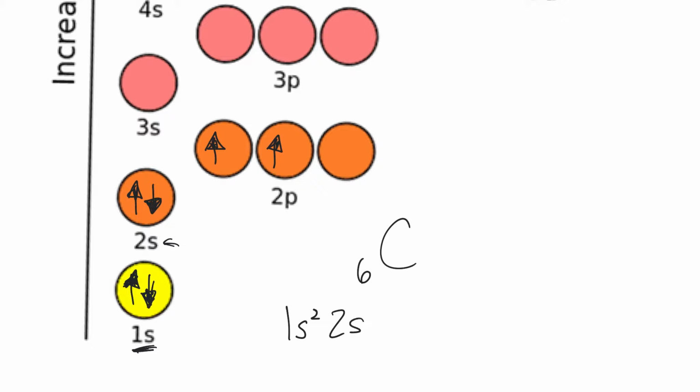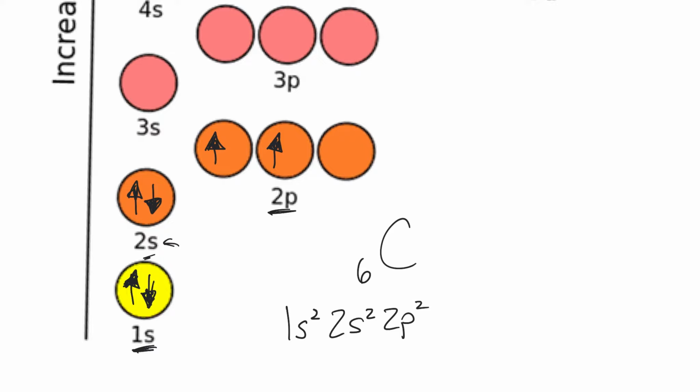Well, I have 2 of them, so as a superscript, I'm going to write 2. After that, I'm going to write 2p. How many electrons do I have in the 2p? Well, I have 1, 2. I have 2 of them, so I'm going to write that as a superscript as well.